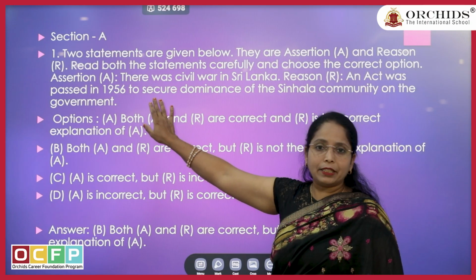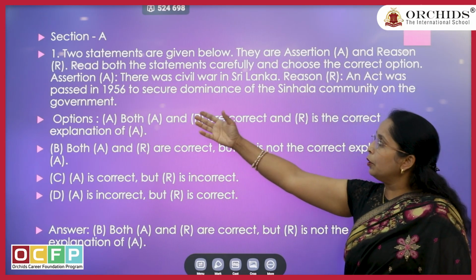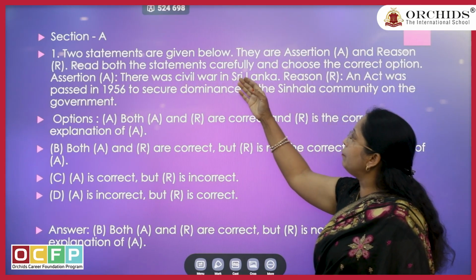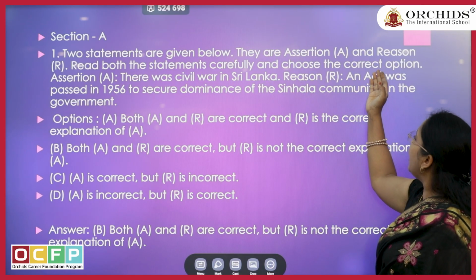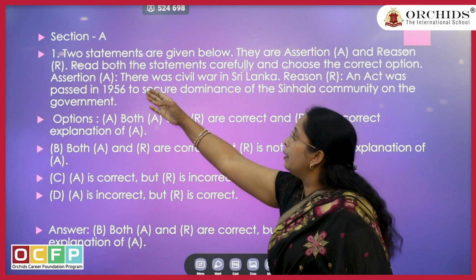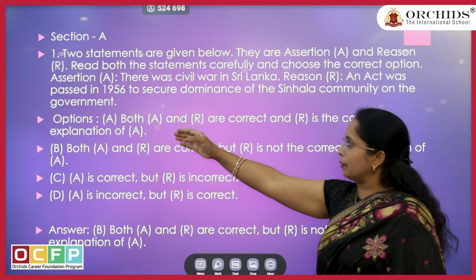Now, in Section A, we have MCQs, multiple choice questions. Question number 1, you can see on the board: two statements are given below, assertion and reason. R is for reason, A is for assertion. As you know students, read both the statements carefully and choose the correct option.